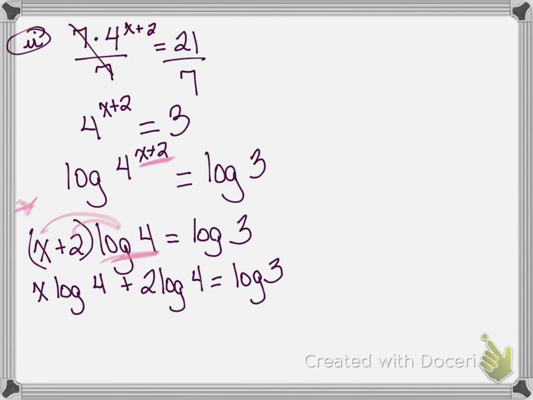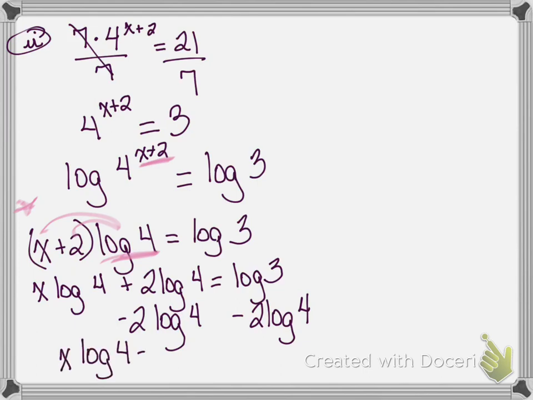So I'm going to treat those the same way that I would treat numbers. I still want to get my x by itself, so I'm going to subtract 2 log 4 from both sides. When I do that, I'm left with x log 4 equals log 3 minus 2 log 4.